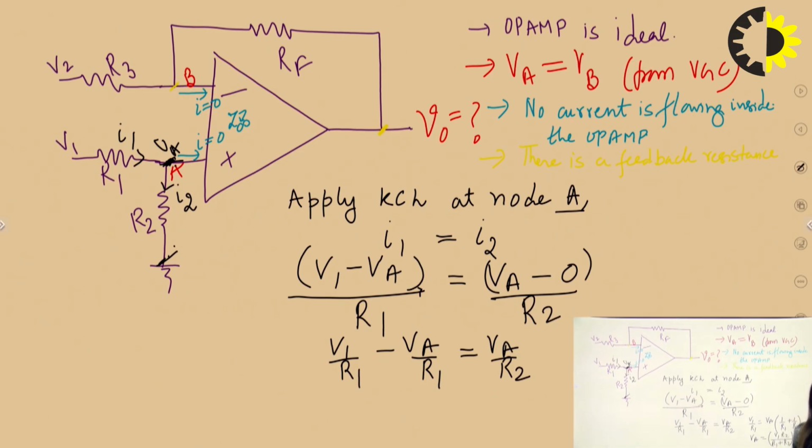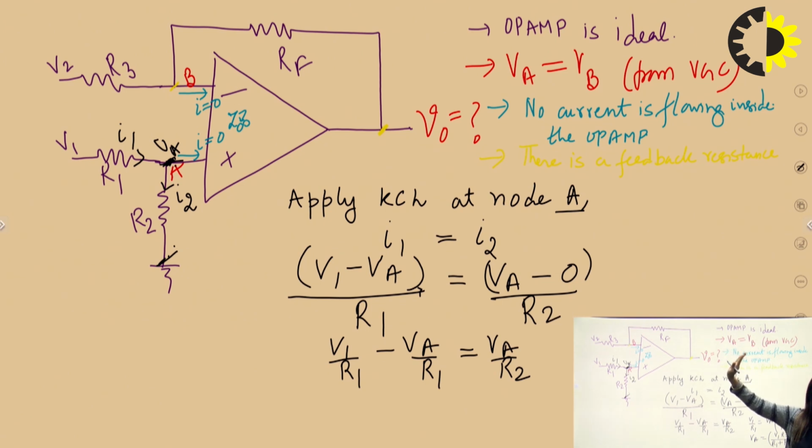Now I already know this VA is equal to VB. That means my target is to reach this particular voltage VO.